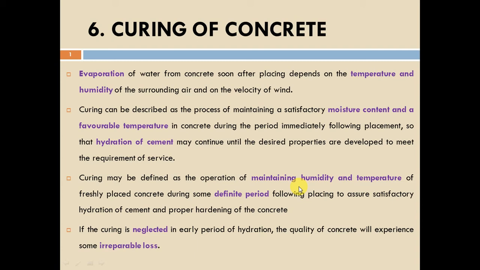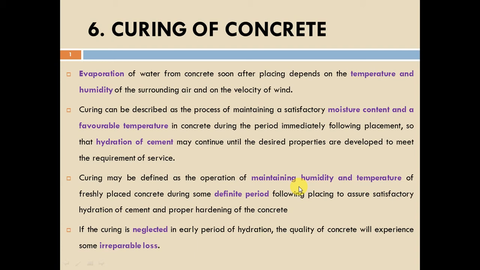Because of the surrounding temperature, humidity, and also the velocity of the wind. When this evaporation takes place from the concrete, what will happen? The concrete will dry out. When the concrete dries out, then the hydration of cement process is not completely fulfilled.